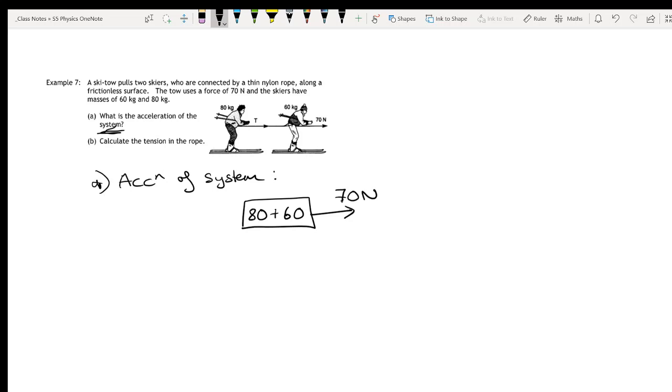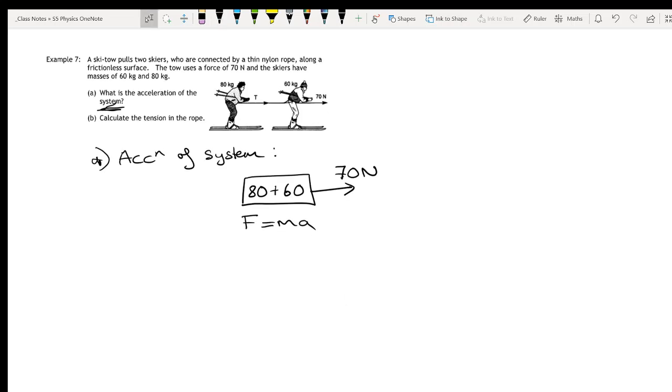So it's frictionless, so we don't have any backwards force. So it's just as easy as unbalanced force is mass times acceleration. So mass is 140, the force is 70 minus 0, so 70 equals 140 times acceleration.